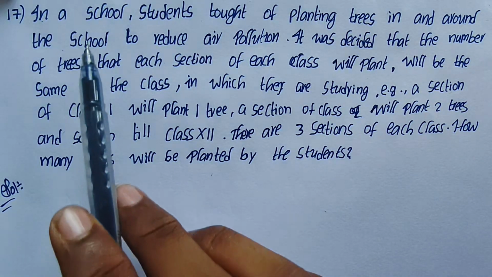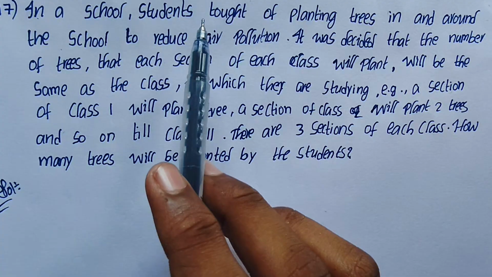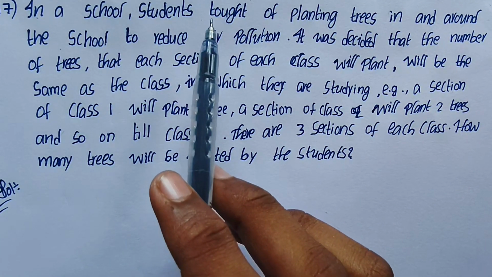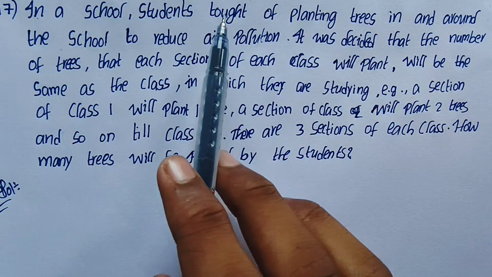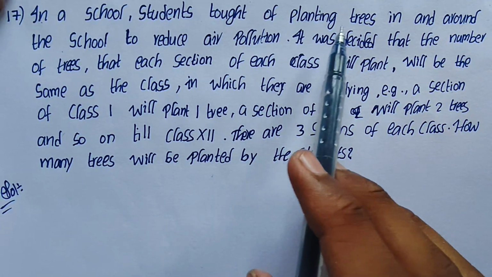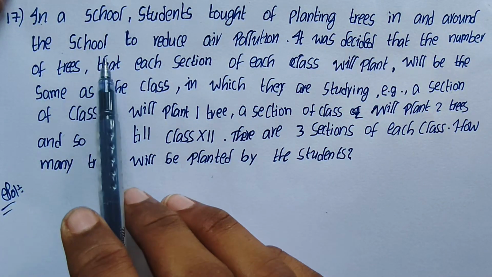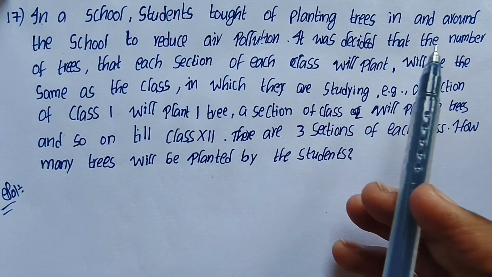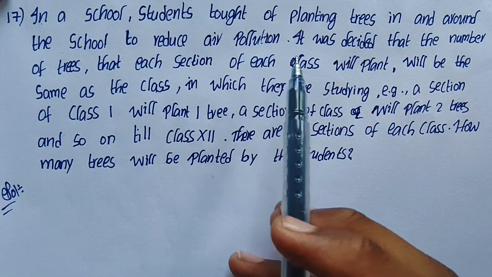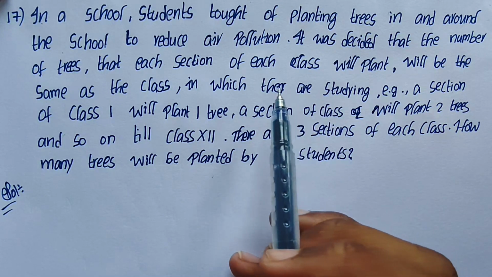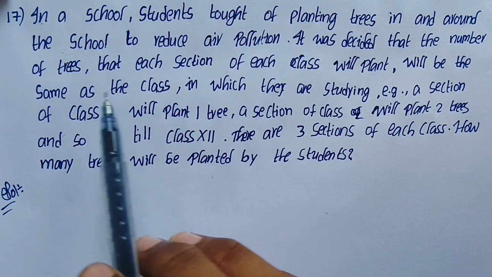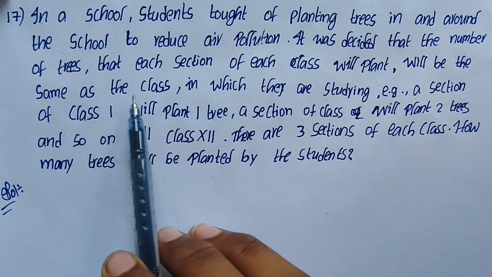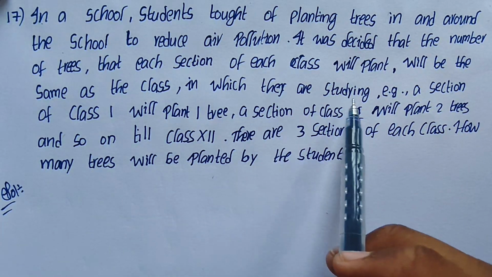He said in the question there is a school. In the school the students participated to plant trees in and around the school, to reduce air pollution, and they decided that each section will plant trees, and the number of plants planted is the same as the class in which they are studying.